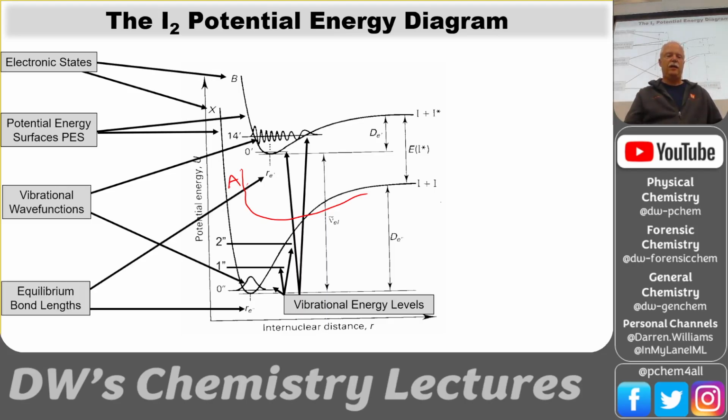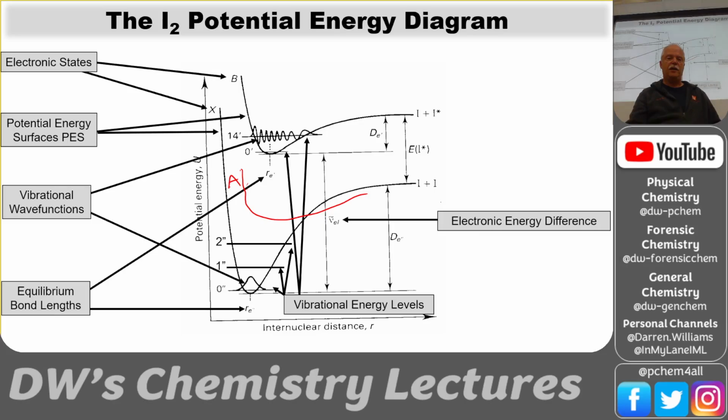We're also going to get these equilibrium bond lengths here. And we're going to get this electronic energy difference. So the difference between the minima of these two potential energy surfaces, that's the new electronic. So that's the difference in electronic potential energy surfaces.